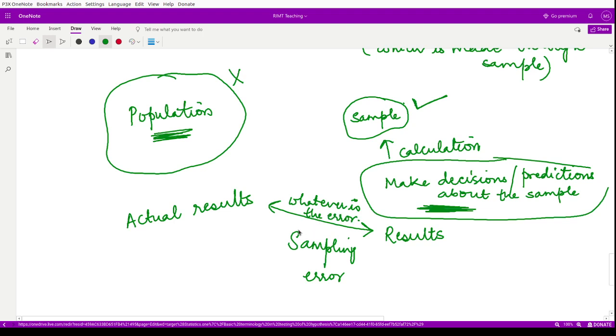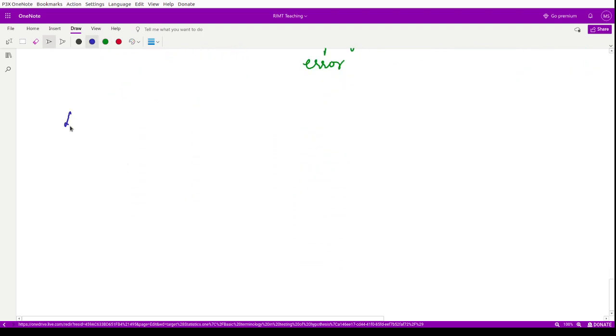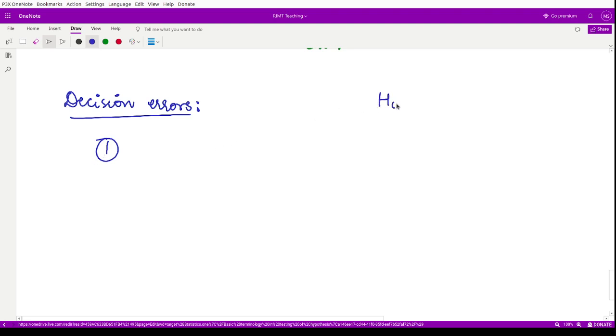Moreover, we also have one more kind of error, known as decision errors. So what are decision errors? There are two things that could happen. We only make decisions corresponding to the null hypothesis. Your null hypothesis could be true or it could be false.